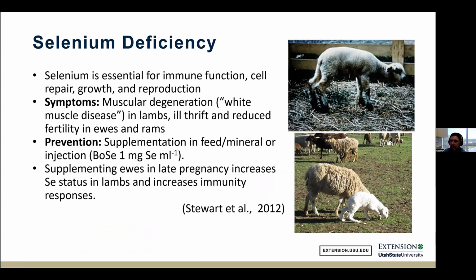But I only say this because I'm trying to drive home the point that if you're in an area that has need for supplementation of mineral, we should be looking at supplementing it because a lot of these minerals are very crucial to the growth of our lambs. One problem in the Mountain West, where I am currently, is things like selenium deficiency that causes white muscle disease in the lambs.